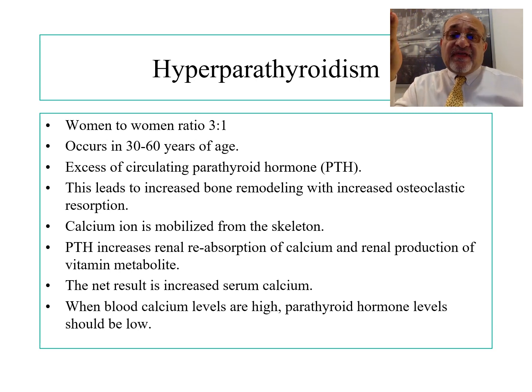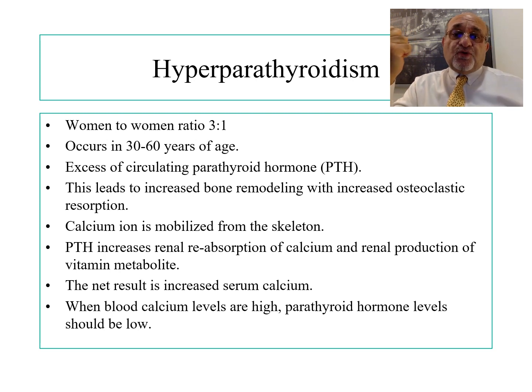The increase in the secretion of the parathyroid hormone will lead to an increased bone remodeling, which will lead to an increased osteoclastic activity. So the bone resorption is increased.